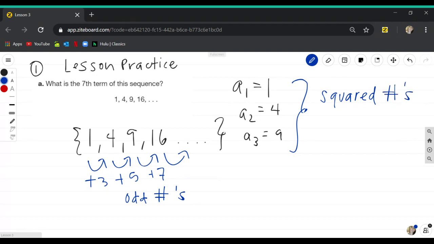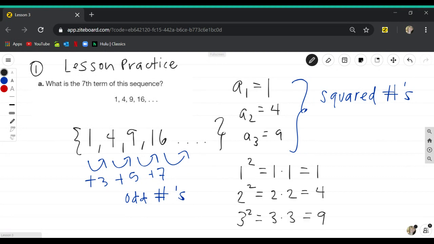Do you guys remember what that is? Squared numbers: 1 squared is equal to 1 times 1, which equals 1. 2 squared is 2 times 2, which is 4. 3 squared is 3 times 3, which equals 9, right?